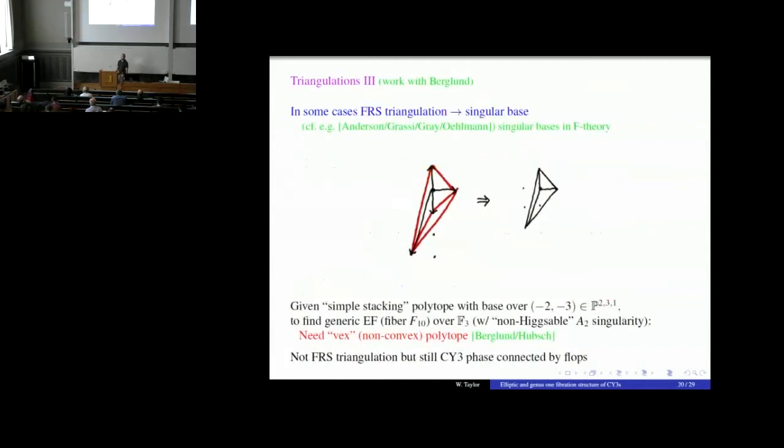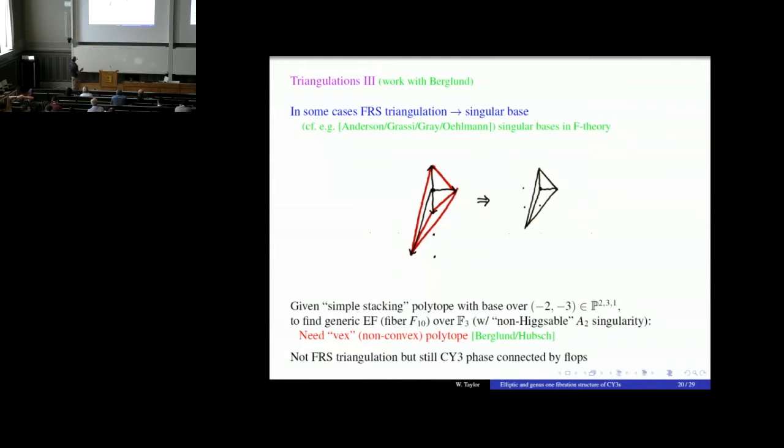There are more subtle things where the fine regular star triangulation gives rise to a singular base. Singular bases have been considered recently by these folks in F-theory. An example is if we take F3, then we have to get rid of these rays, so to get a toric morphism, the toric morphism is actually onto this singular toric base.